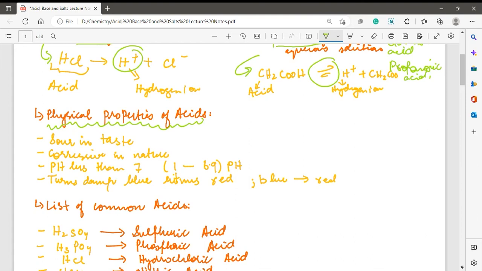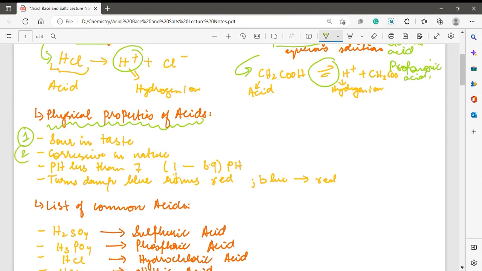The first physical property is that acids are sour in taste. There are different examples of an acid. For example, ethanoic acid or acetic acid, which is present in vinegar, is definitely sour in taste. The acid present in lemon, which is citric acid, is why lemon and all citrus fruits taste sour. So every type of acid has a particular taste, that is sour.